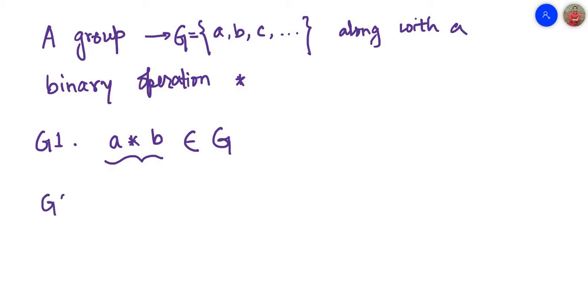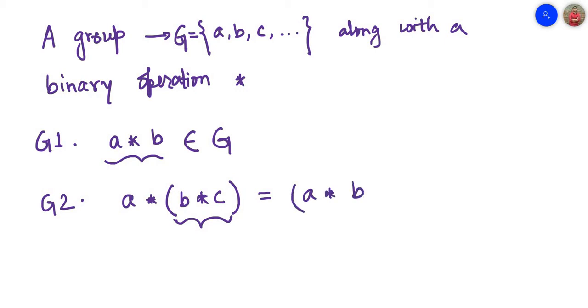Our second condition is that this binary operation is associative. So that means if we have A star B star C, we take the binary operation of these two members first, and then because the resultant product is a member of the set G, we can then create its binary operation with C, and that is the same as first creating the product B star C and then A star that.